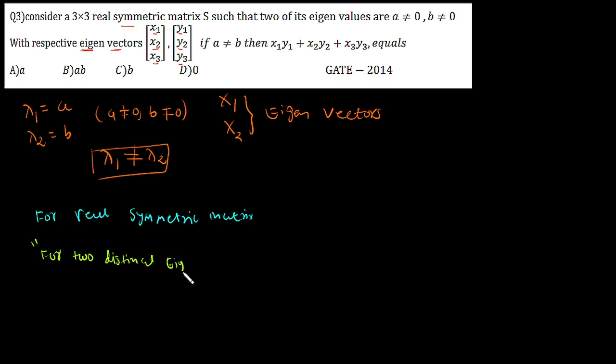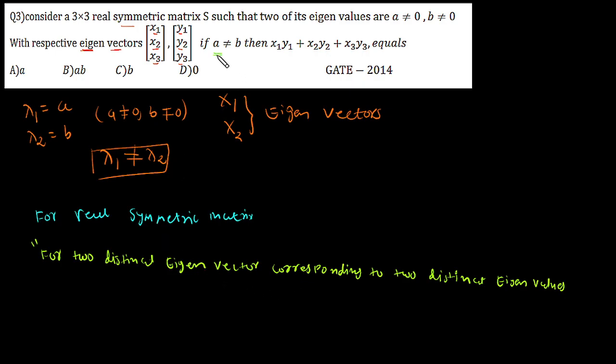for two distinct eigenvectors corresponding to two distinct eigenvalues. Here in this case the eigenvalues are A and B and they are distinct, as given in the question.